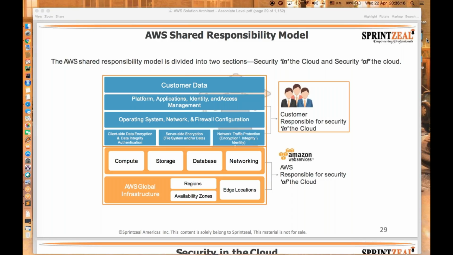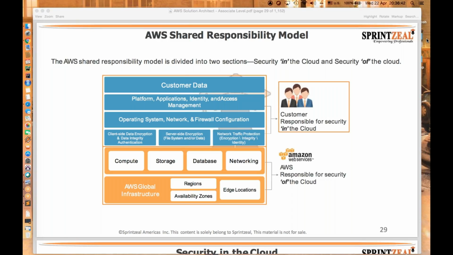So this is the major difference between security in the cloud and security of the cloud. And we need to understand the different regions, availability zones, and edge locations when we are storing the data. I'll give you a high level understanding of the regions. AWS has different regions like North America, Latin America, Asia Pacific, Middle East, Europe, and everywhere they have different data centers available.